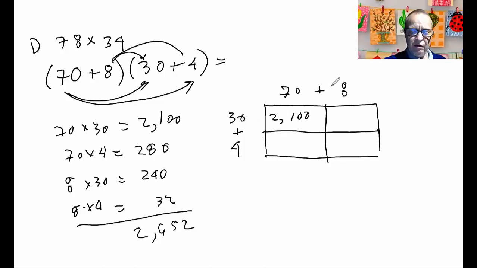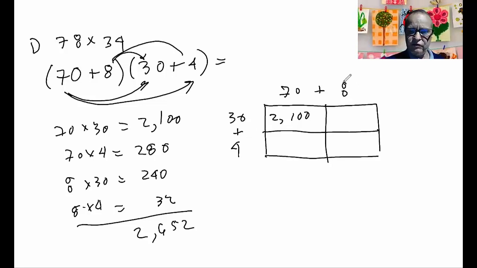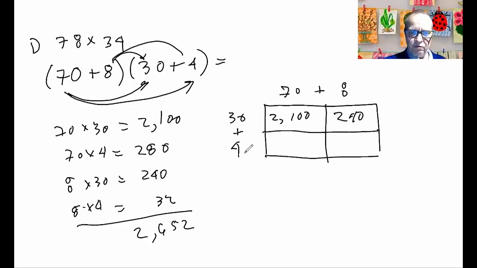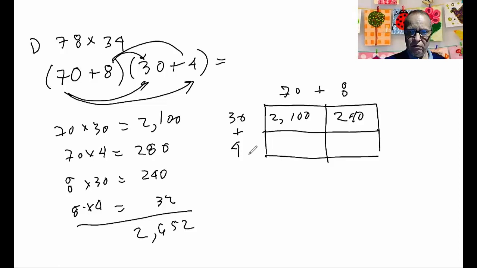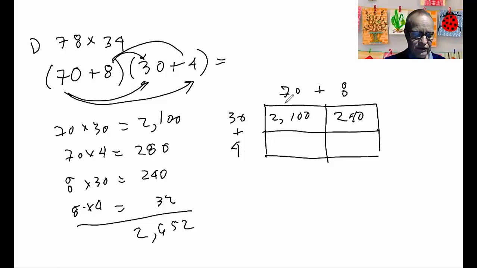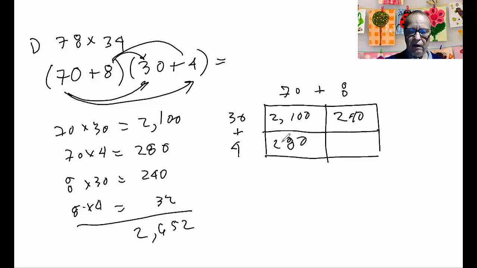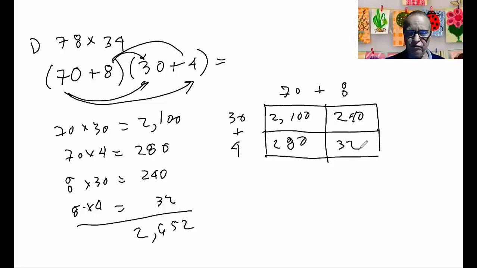30 times 8 gives us 240. 4 times 70 gives us 280. And 4 times 8 gives us 32.